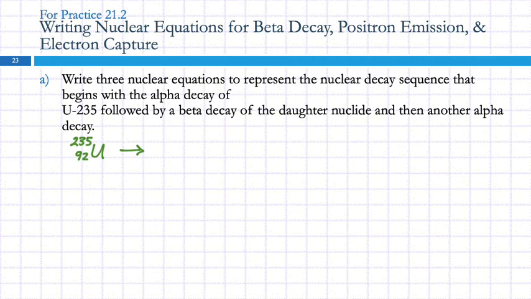So we're going to end up with something plus an alpha particle, which is the helium, 4-2. So the total's 235, so the mass number of this must be 231. The atomic number on this side is 92, so over here this must be 90, because 90 plus 2 gives us 92. And then we look at the periodic table. Number 90 is Th, which is thorium.